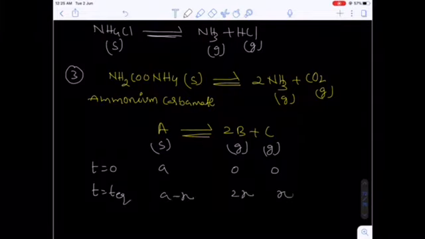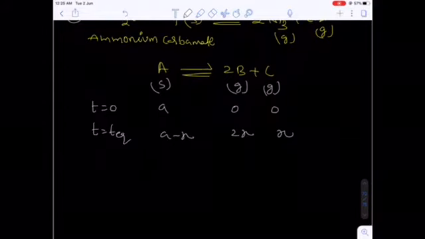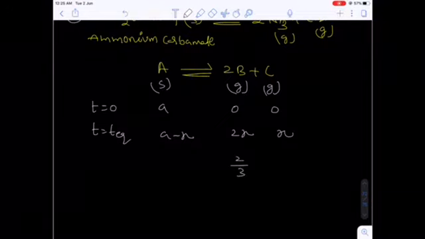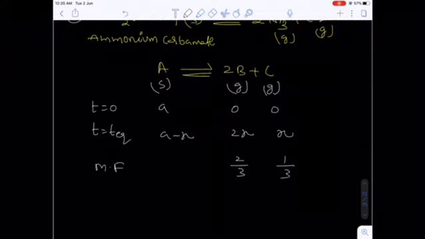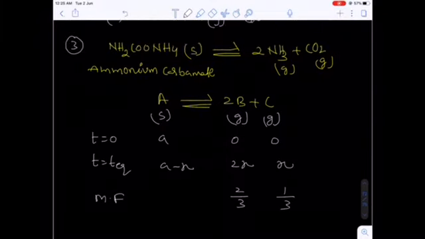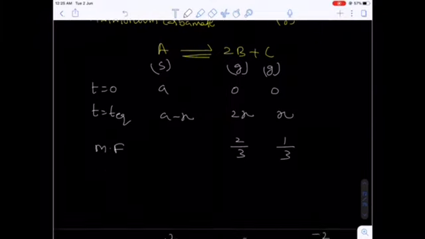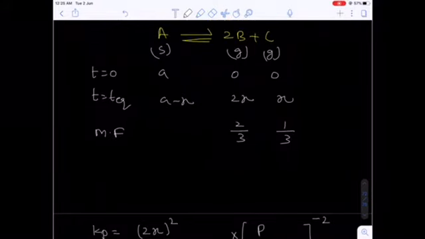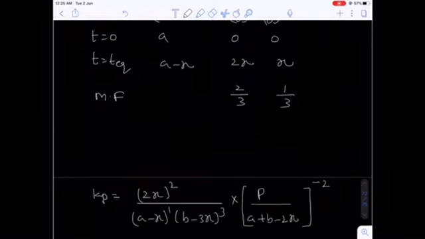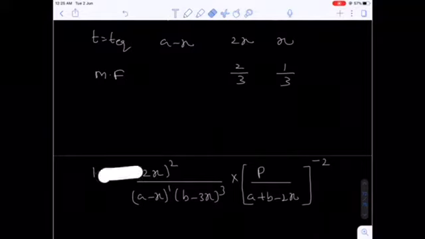When the system attains equilibrium, X moles of A decomposes, and 2X moles of B and X moles of C will be formed. Now what is the mole fraction of B? 2X by 3X, that is 2 by 3. And 1 by 3 will be the mole fraction of C. In the case of ammonia, 2 by 3, and CO2 will be 1 by 3. Are you getting my point?